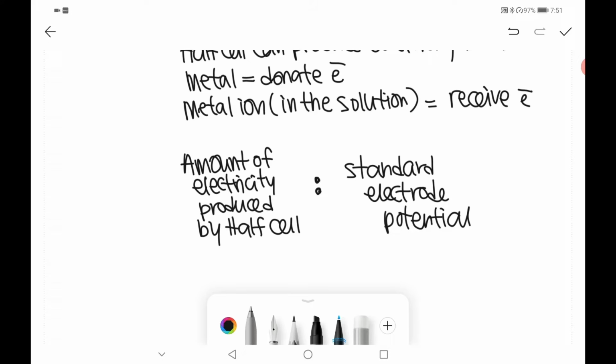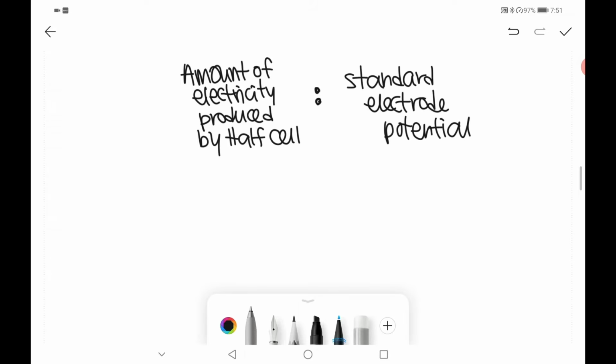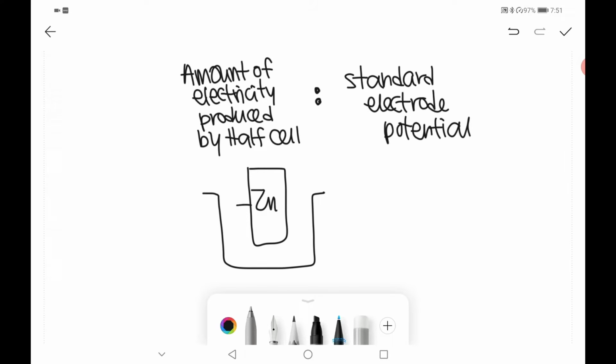So why can the half cell produce electricity? Because the half cell can donate electron and receive electron at the same time. If we put a piece of zinc in a zinc ion solution, we already have a half cell.